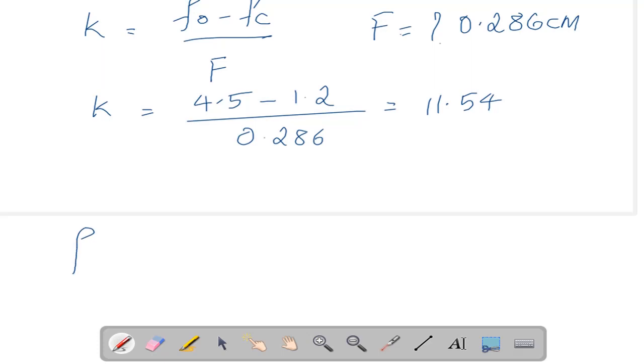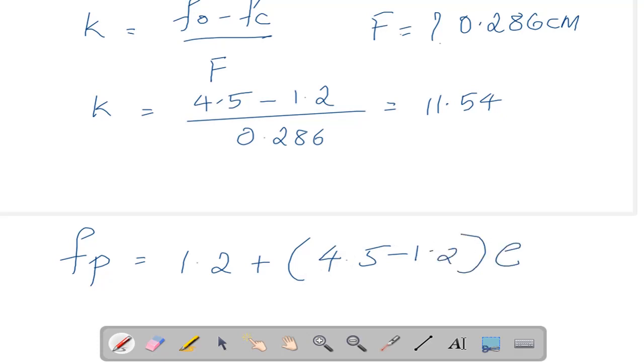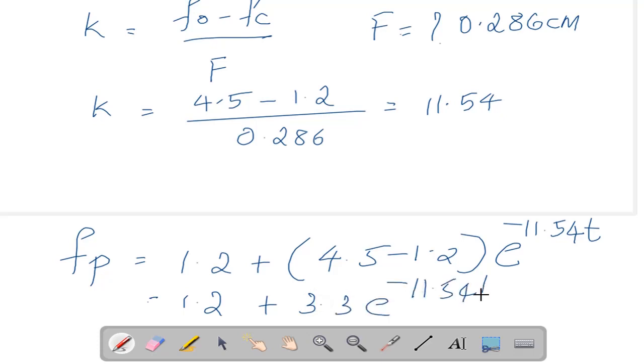So the equation for Fp is equal to Fc, it is 1.2, plus (4.5 minus 1.2) into e raised to minus 11.54 t. So this is 1.2 plus 3.3 e raised to minus 11.54 t. This is the equation for the F curve.